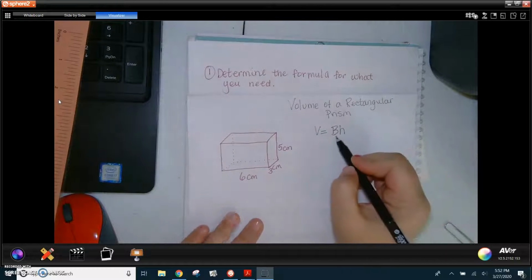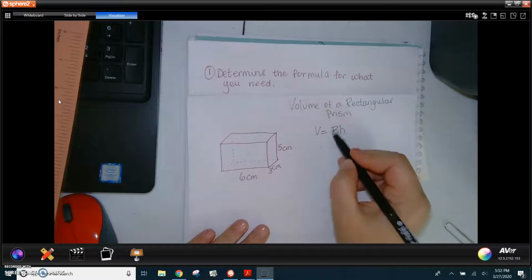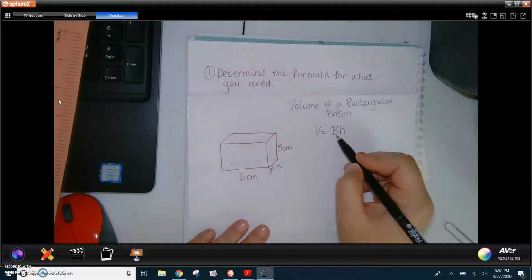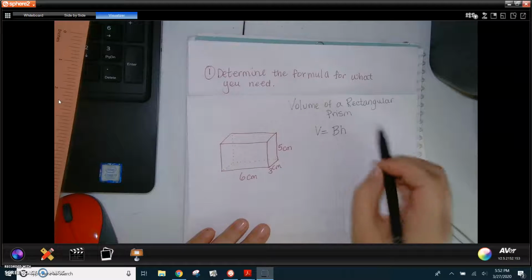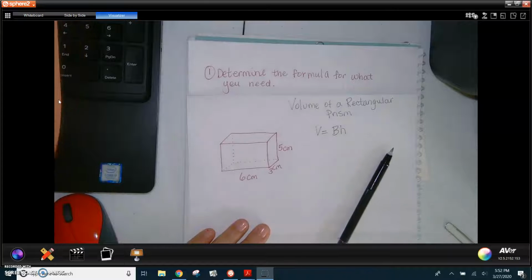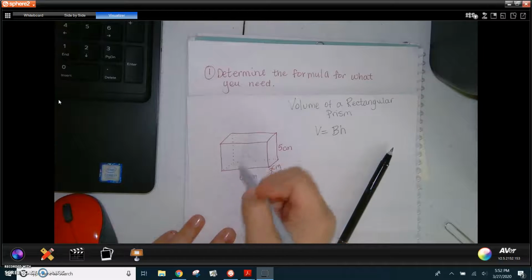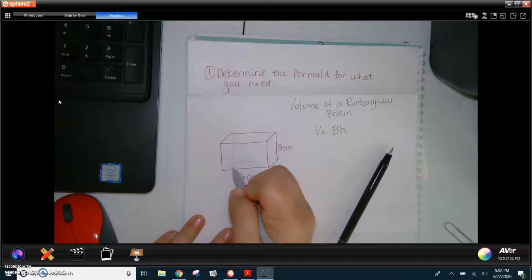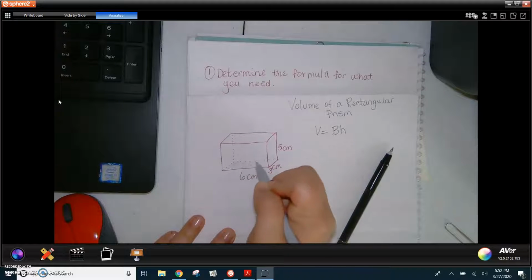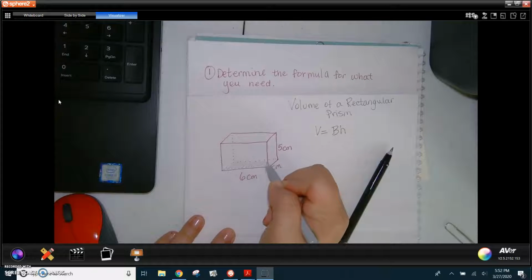Okay, and it's important to note that this capitalized B stands for the area of the base. So in this particular rectangular prism, I'm going to use a gray pen and kind of shade in the base, what the rectangular prism is sitting on.